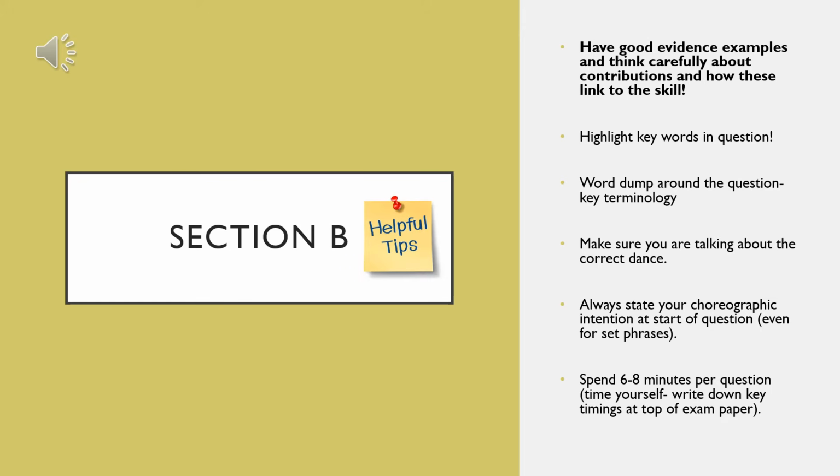Think about what alignment contributes to an overall performance, and why it's important for a dancer to have. Think carefully about linking correct and relevant contributions to different skills. It's about really integrating that practical and theory within your practice all the time.